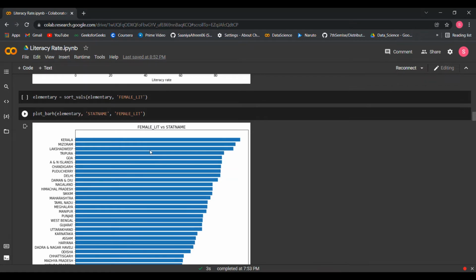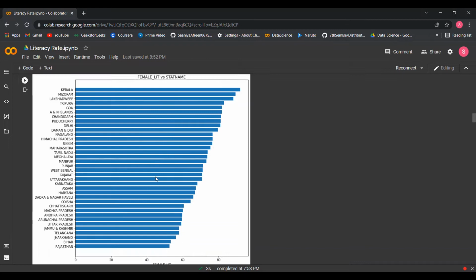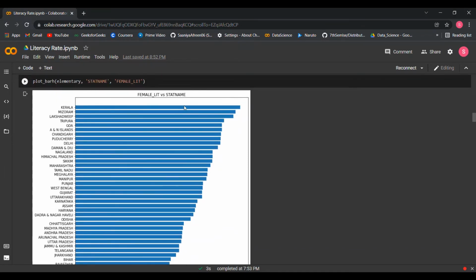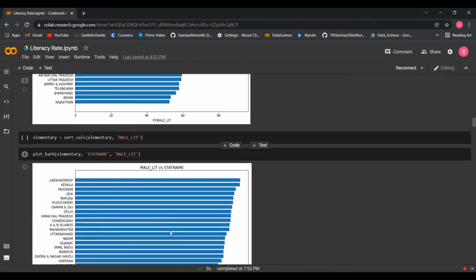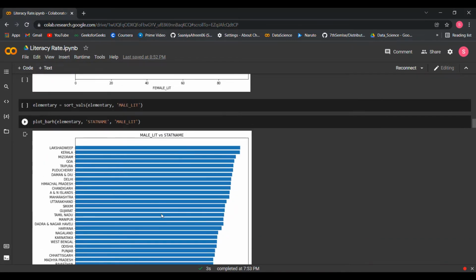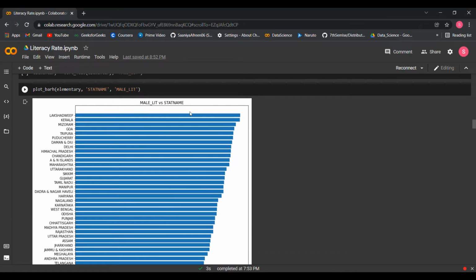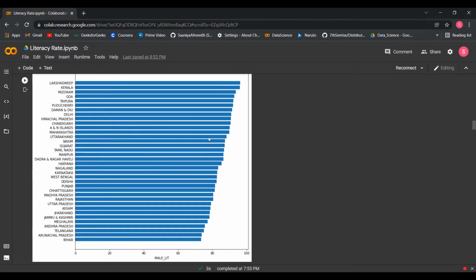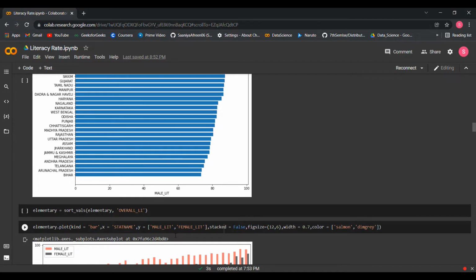So we see female literacy rate versus state. We see Kerala having the highest literacy rate in the female group, and in Rajasthan it's the lowest. And in male, I feel Lakshadweep had the highest literacy rate, and Bihar had the lowest.